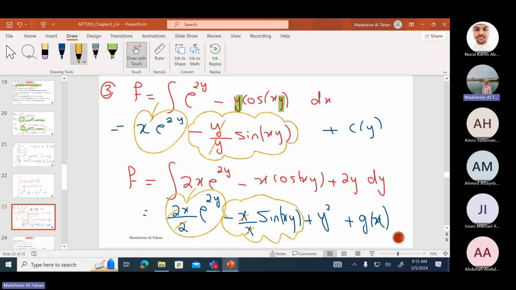Now, what are the things that they are not here? Y square only, but as if it's here, why? Because you have C of Y. So C of Y as if it's equal to Y squared. Here, do we have anything in X only? So G of X we will consider it as zero. So here we are doing comparison. Okay, miss? Any question? Write your new function now.